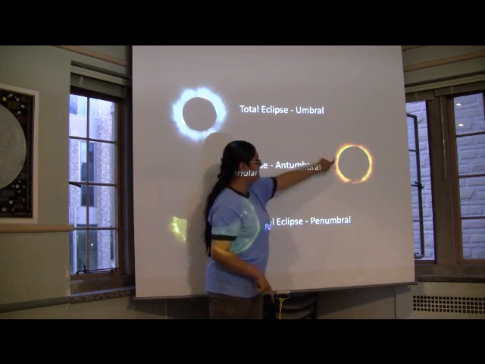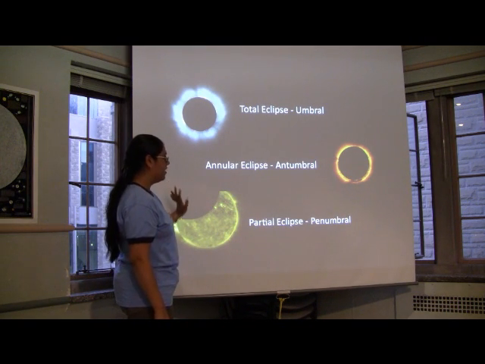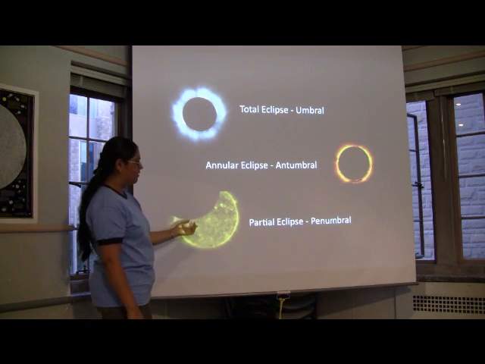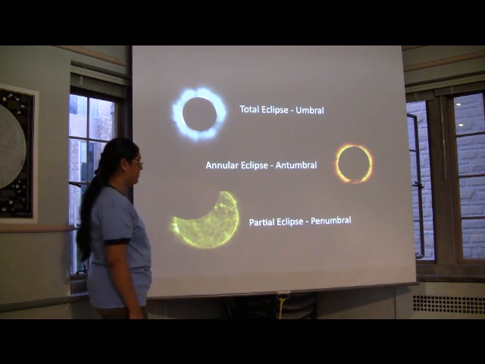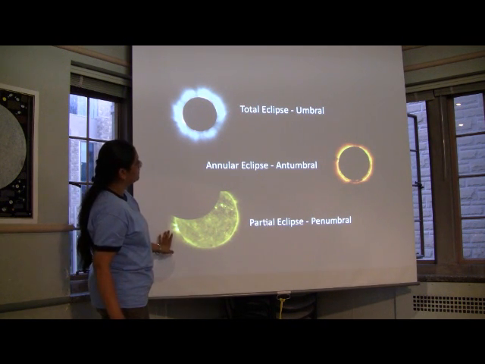So you have this sort of ring, and that's what you call an annular eclipse. A partial is where it doesn't completely cover, it only covers part of the sun. So these are all cases of solar eclipses.